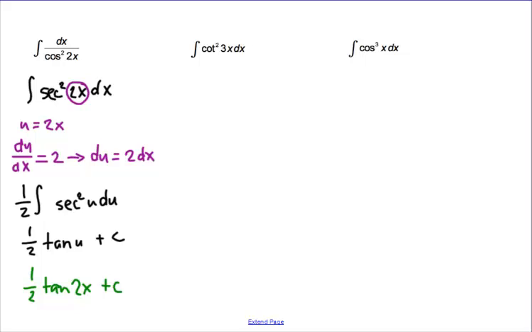3x? Well, again, the cotangent squared can be rewritten with one of our trig identities, and they are the ones that relate us all the way back to sine squared plus cosine squared is equal to 1.